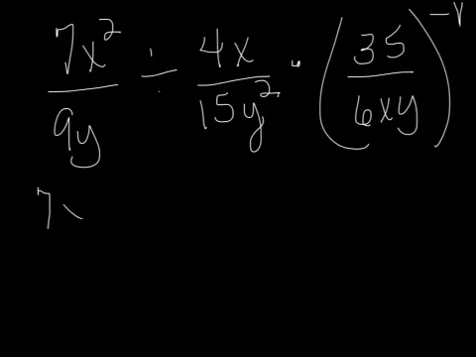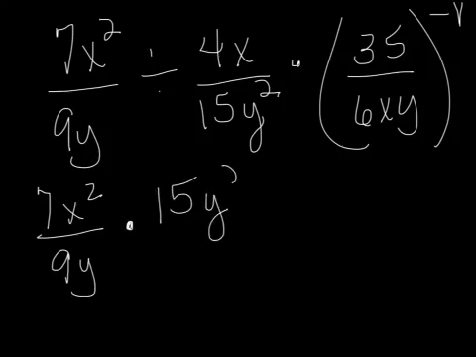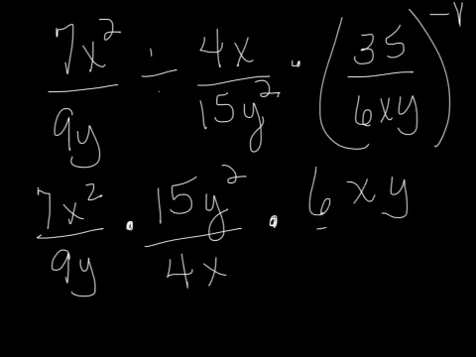Well, I'll copy my first one down as is. If it is division, then I change it to multiplication and I flip it. And if you'll remember, if you have a fraction all to the negative 1 power, to get rid of that negative 1 power, you simply flip the fraction. So it will be 6xy over 35.